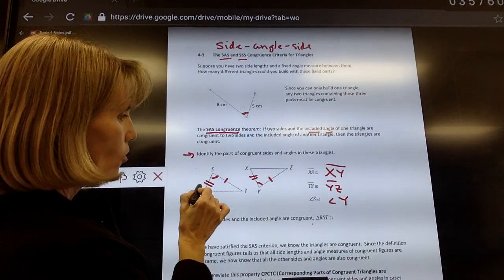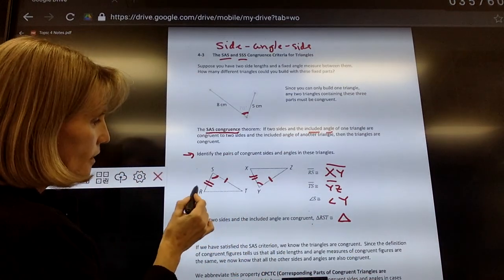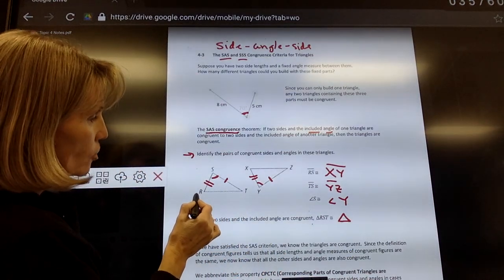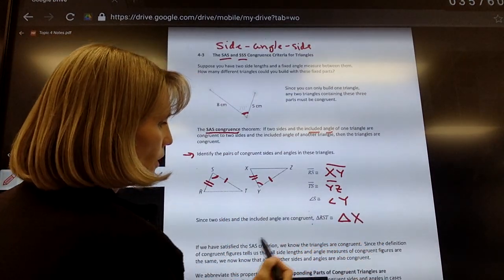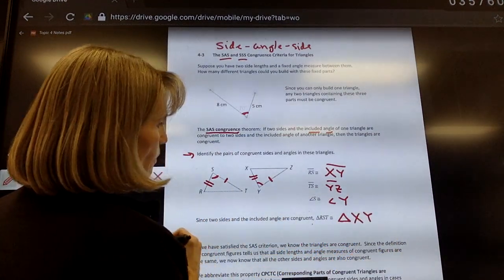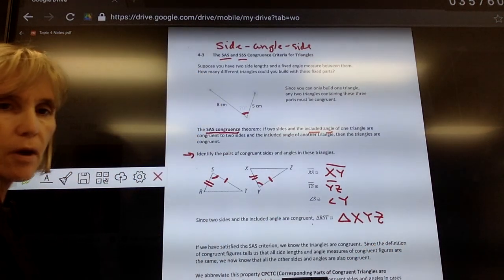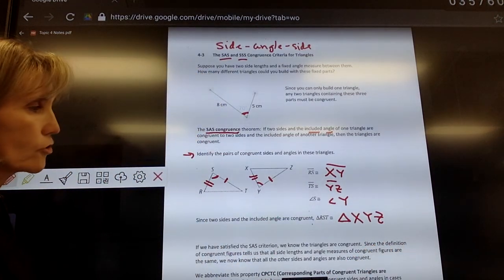So I could say triangle RST is congruent to triangle. Since I started with R, I want to make sure that I start with X. And then I went to S, so I'm going to go to Y. And then I'm going to go out to Z. Okay, so because I have that combination of parts, I can say that those 2 triangles are congruent.